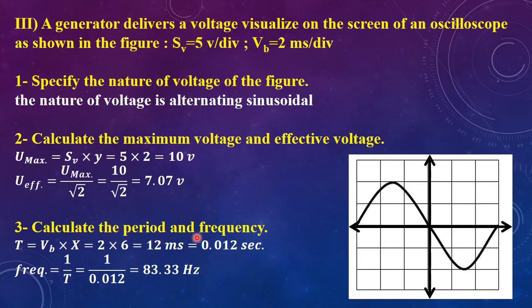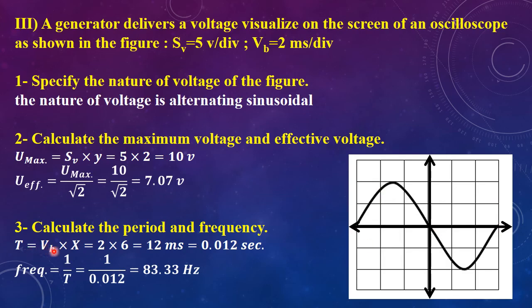Calculate the period and the frequency. To find the period, we look at the horizontal line. Here we have SH, then we find X. To find X, we find 2 points having the same direction. We take this point and this point since they have the same direction.